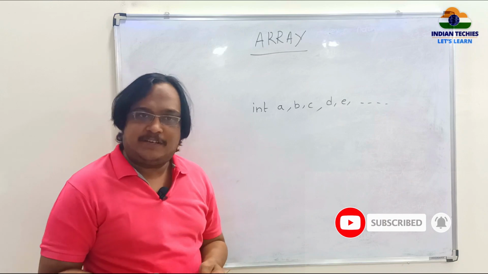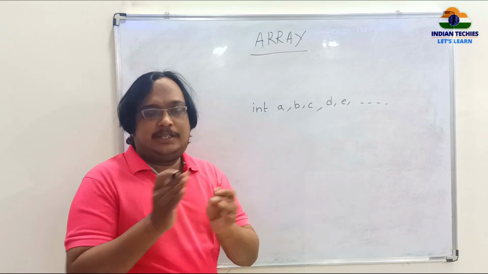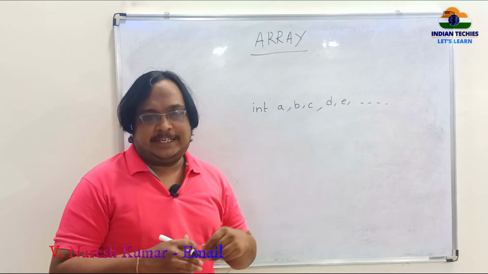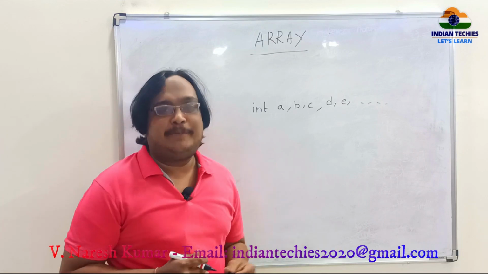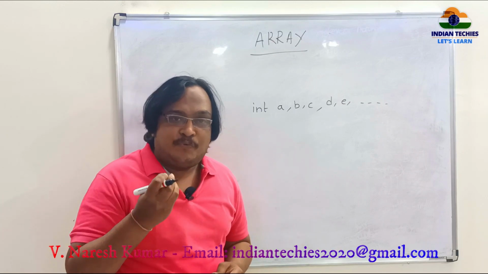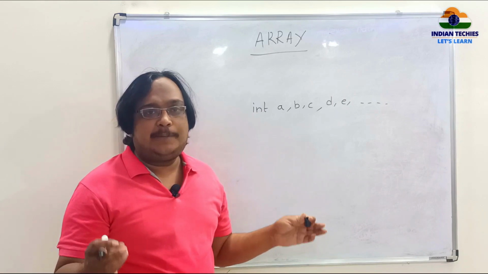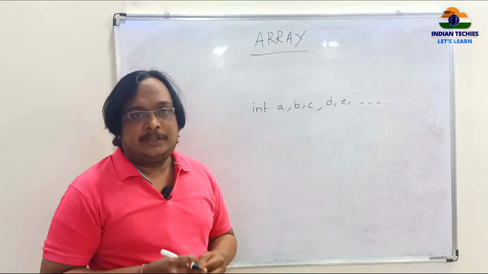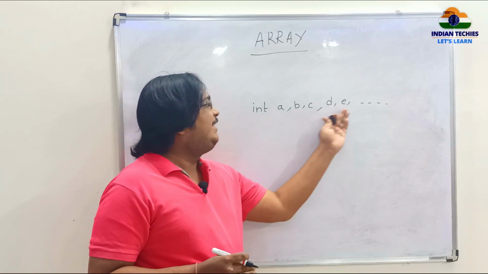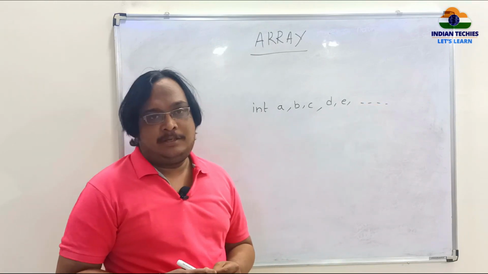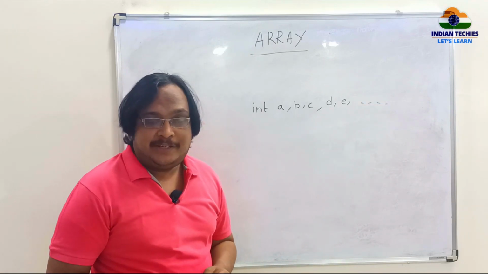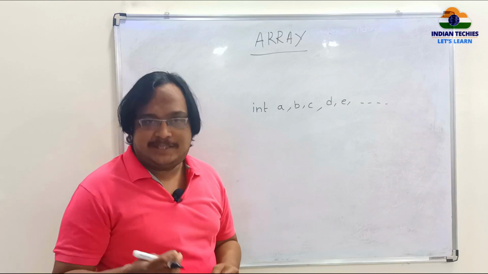These 100 variables are integers only, not different data types. Now, whenever we want to collect similar data types as one group, why declare so many variables? The size of the program increases a lot.